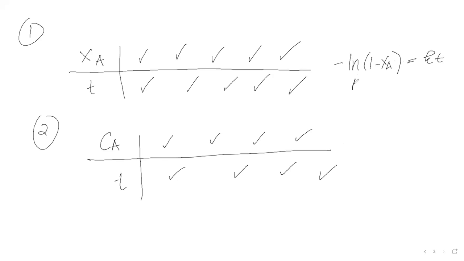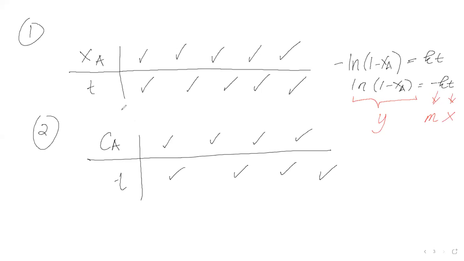So if I place the negative sign on the other side of the equation, your equation of the line is something like this. This entire thing now is your y. This is your x. And this is your m.